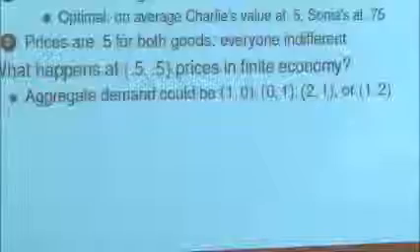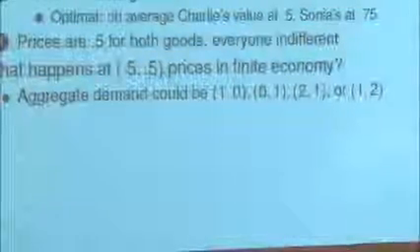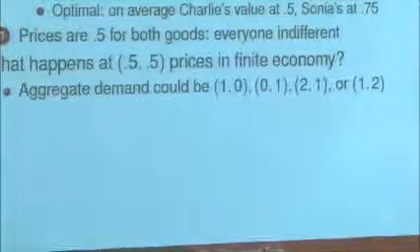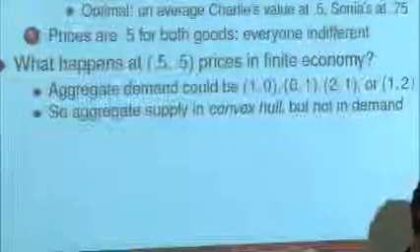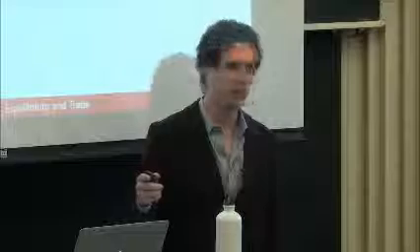But none of those is exactly equal to (1, 1), which is what we have, right? So aggregate demand surrounds the aggregate supply, but is never equal to the aggregate supply. The problem is that you've got aggregate supply that's in the convex hull of the aggregate demand, but is never actually equal to the aggregate demand.